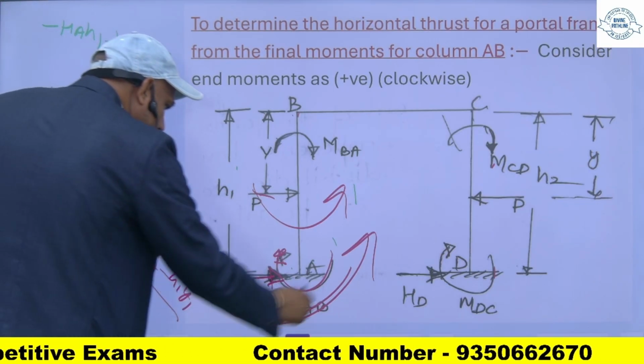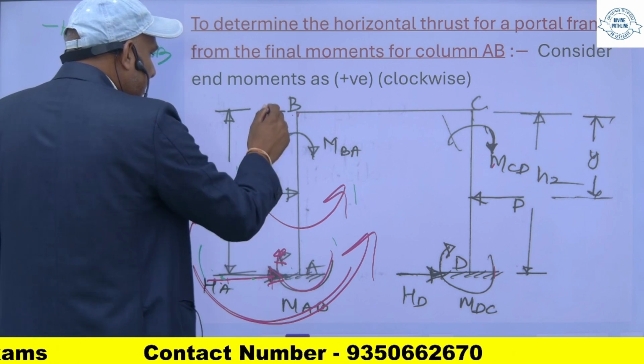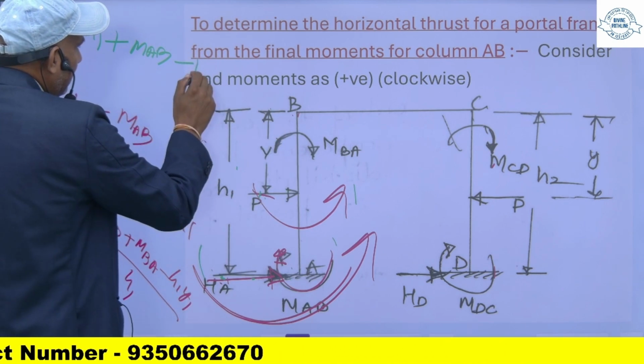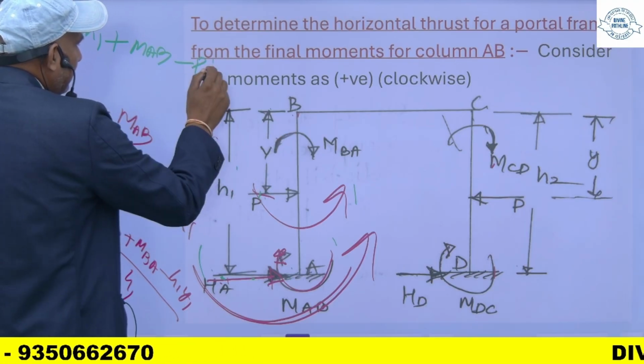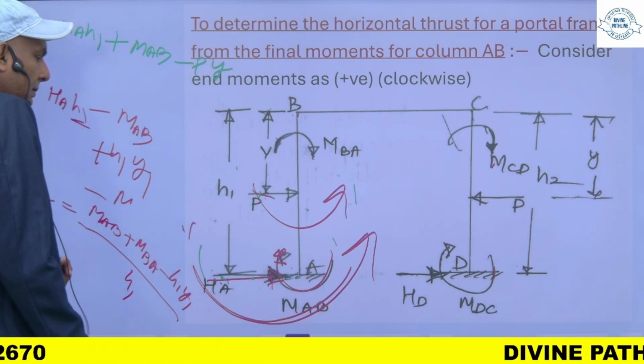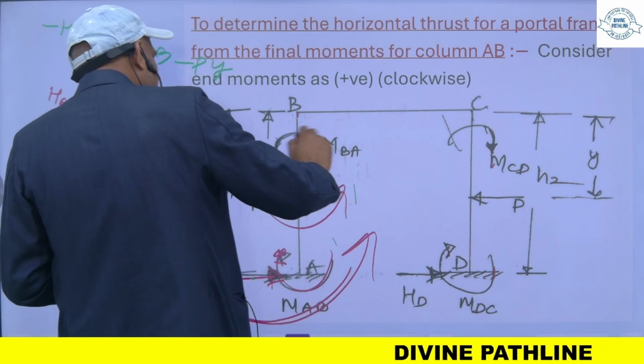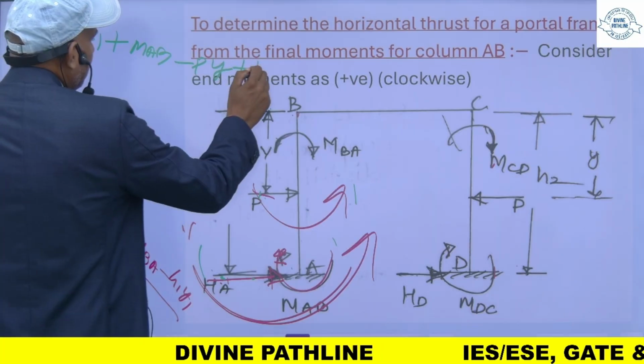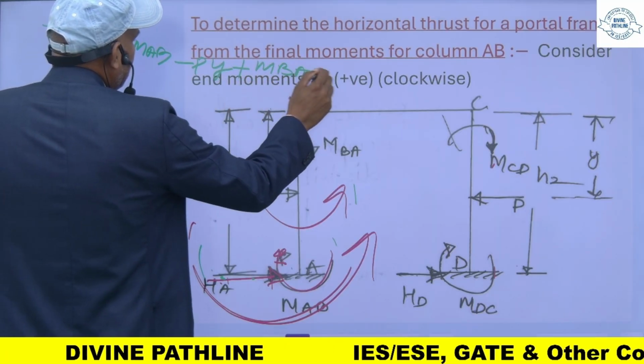If you consider this negative, this P into this side will also be negative, so this will be P into this Y, and if you consider this negative, this will be positive, plus MBA is equal to 0.